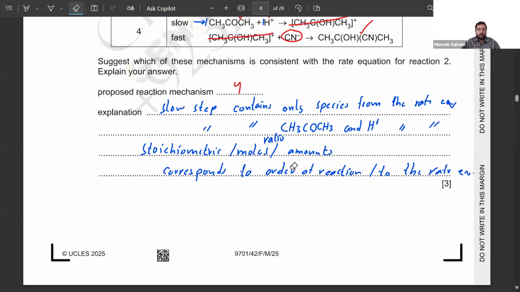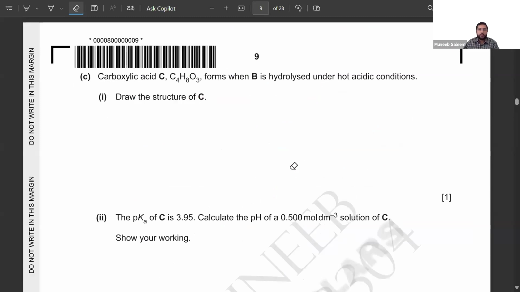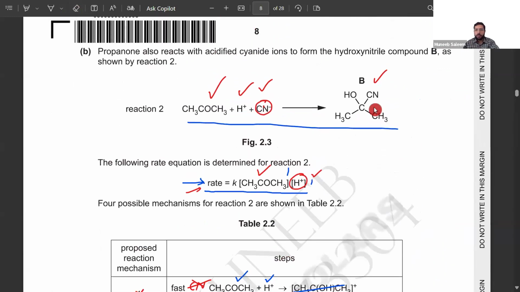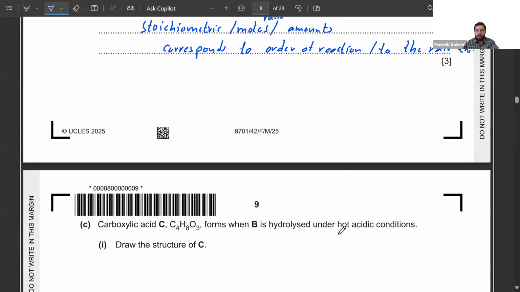Now the next question, part C, carboxylic acid C, which is formed when B is hydrolyzed under hot acidic conditions. Draw the structure of C. Now B is here. This is the B compound and it must be treated with a hot concentrated acid.